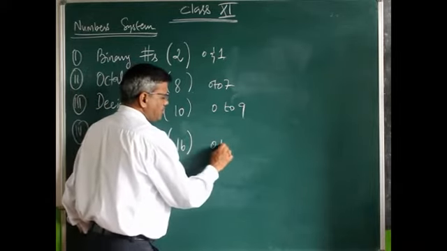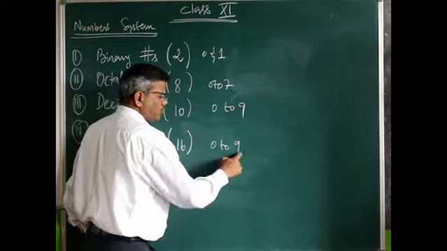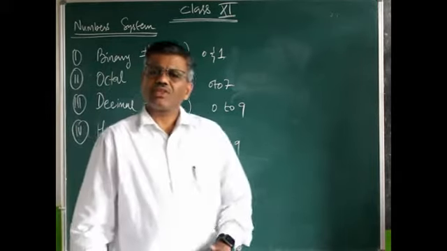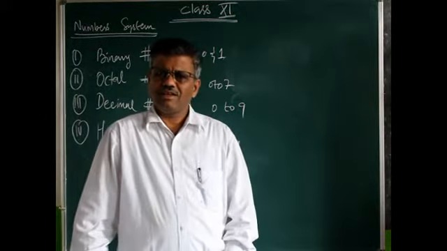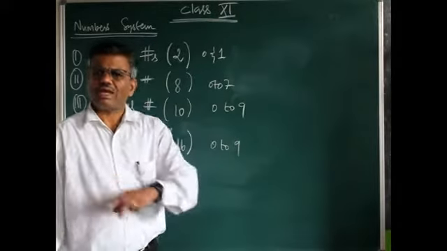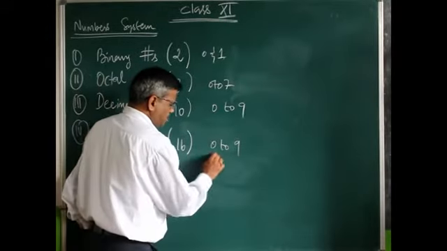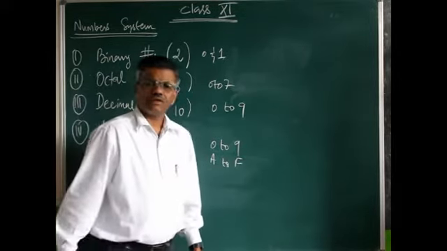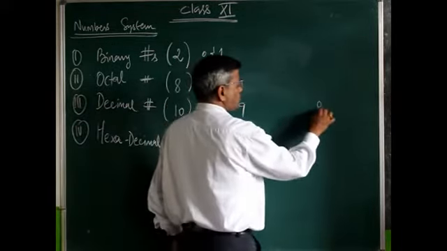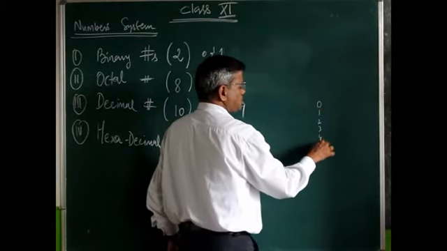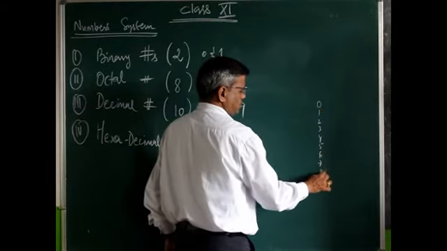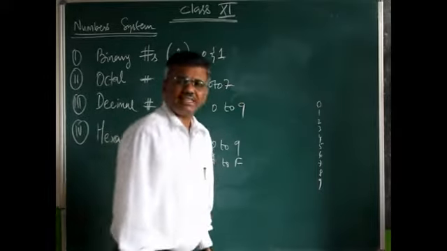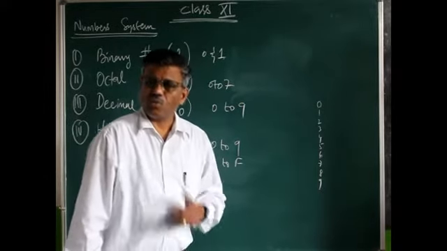Please note, boys and girls, how many digits are there? 10 digits are there. The 11th digit is not 1 and 0. Here you must write A to F. What do you mean by that? 0, 1, 2, 3, 4, 5, 6, 7, 8, 9. 10, you and I write as 1, 0.